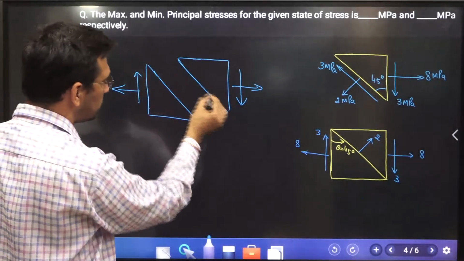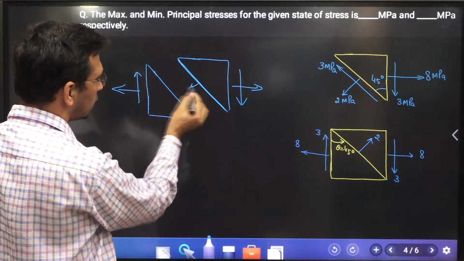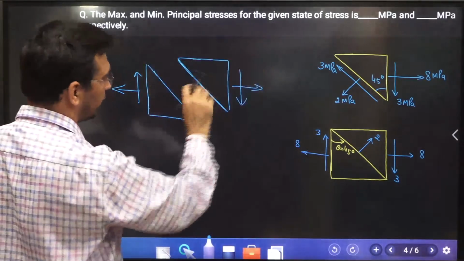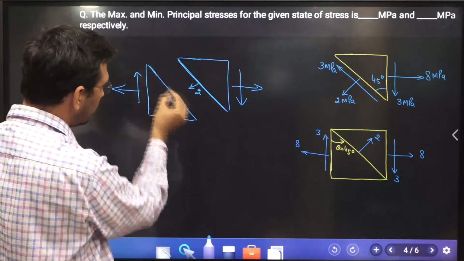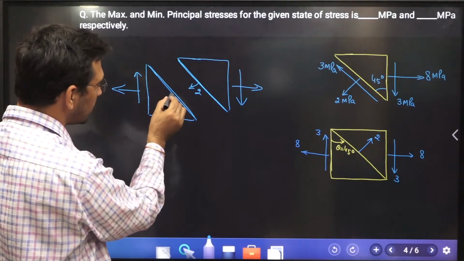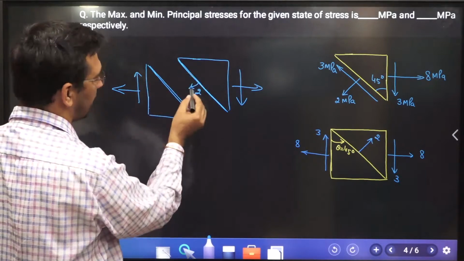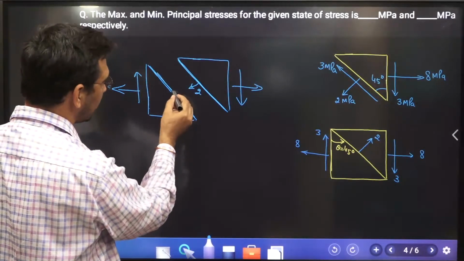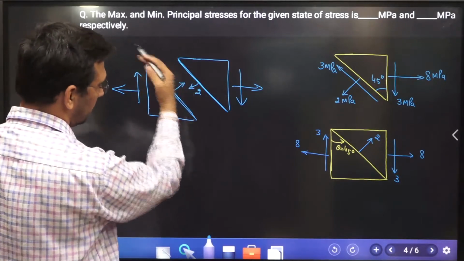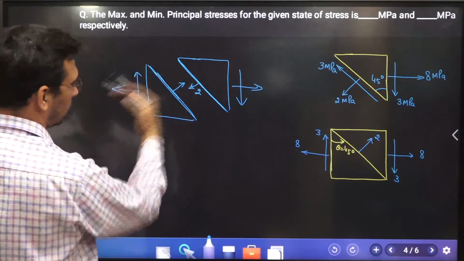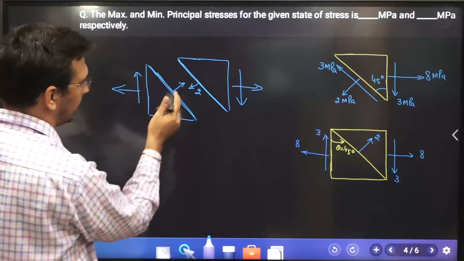Now when we come to this plane over here, if you are showing on this side of this element this as tensile at 2 megapascal, then on this face, if I have to show the tensile, then it has to be opposite to this direction. Only then can I say this is tensile. I cannot show it on the same face, but on the opposite side this way.